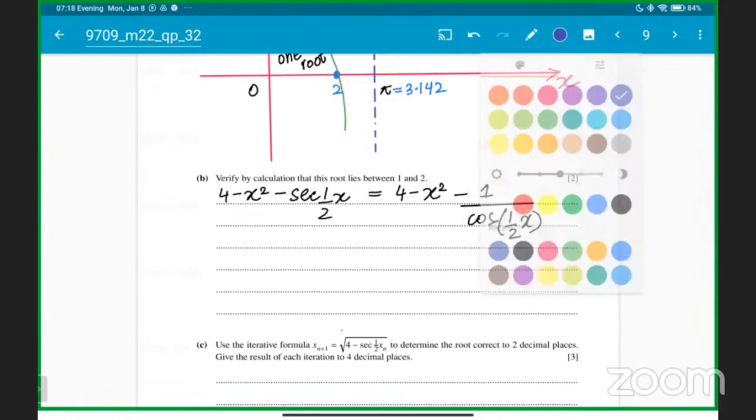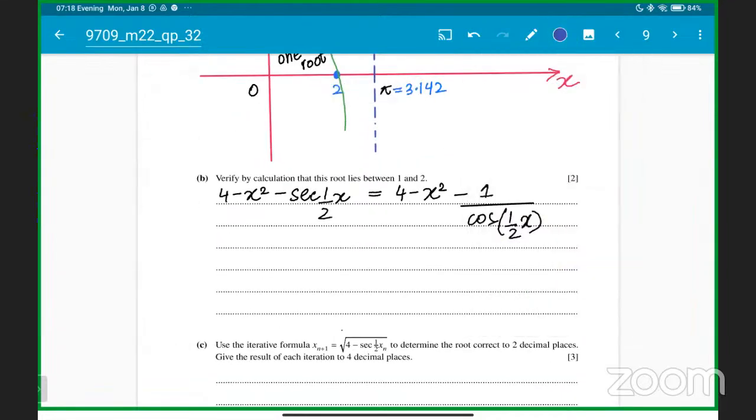When I put the value of x equal to 1 in it, I am going to get 4 minus 1 square minus 1 over cos half x. So half x means 1. So we got that as a positive value, that is 1.8605.